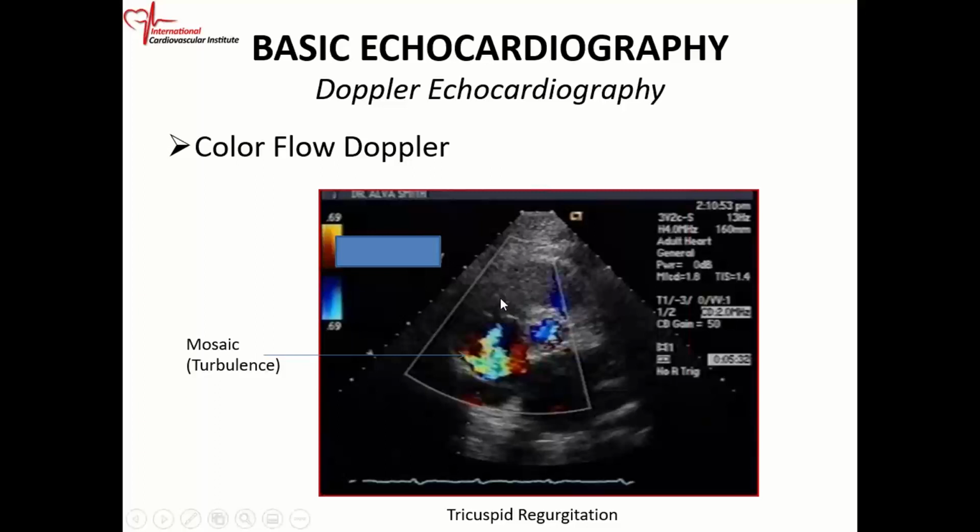But because of the increased velocity, you can see it's not pure blue. It's actually a mixture of color, and this is what we call mosaic or turbulence. This is how we depict turbulence using color flow. It's a mixture of the colors. So we expect, since it's moving away from the transducer, it should be blue, but because of the turbulence, we get this mixture of color mosaic.